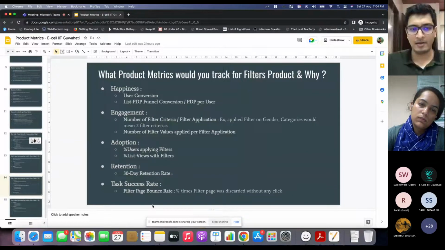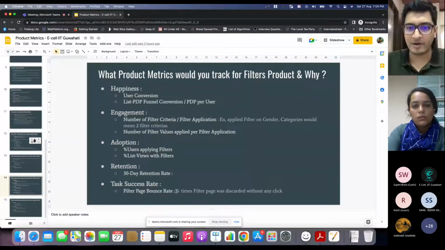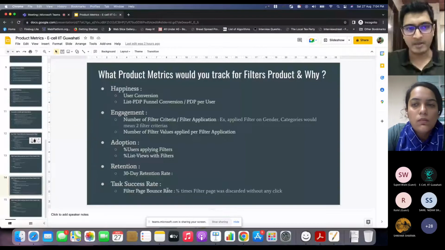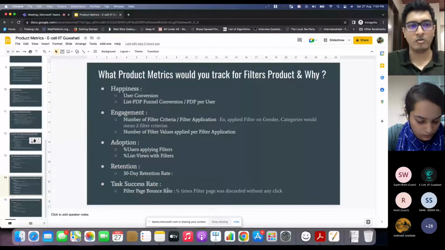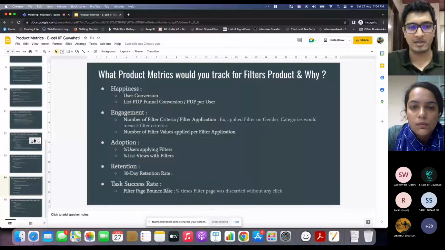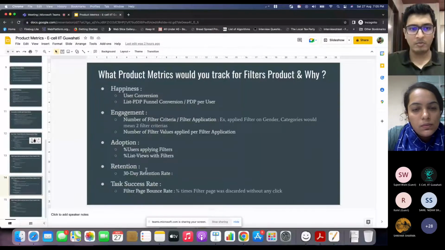So we look at the filter page bounce rate: are they ending up actually applying the filter, or are they discarding the filter page? A high bounce rate would indicate that people are maybe getting confused after launching the filter page, maybe not understanding how to use it, or maybe the presentation is not correct. So this is the HEART framework applied. Of course, there can be more or fewer metrics, but you will track some of these.